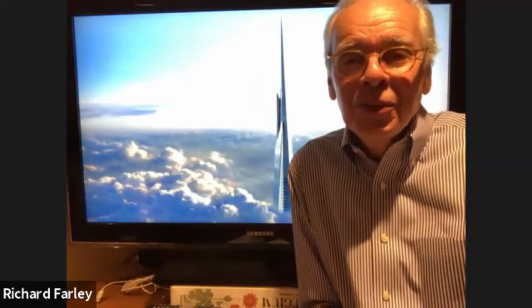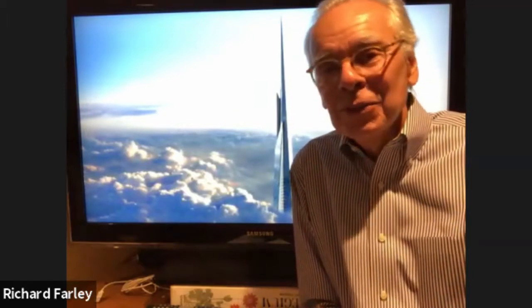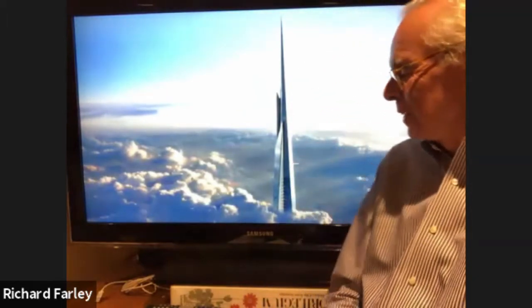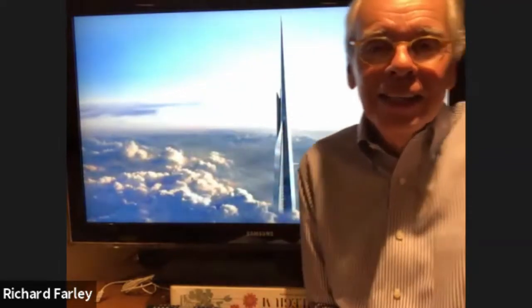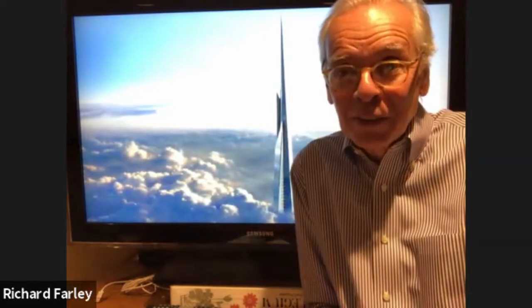And I will see you in person as the next few weeks go along. And I'll leave you with this one last image behind me, which is poking through the clouds. This is the Kingdom Tower in Saudi Arabia. That's 1 kilometer tall, so gigantic, 0.6 of a mile tall.